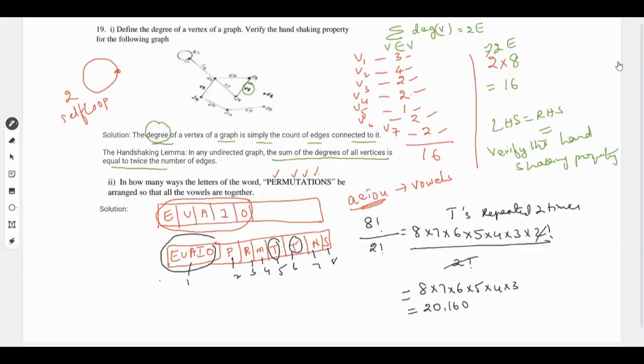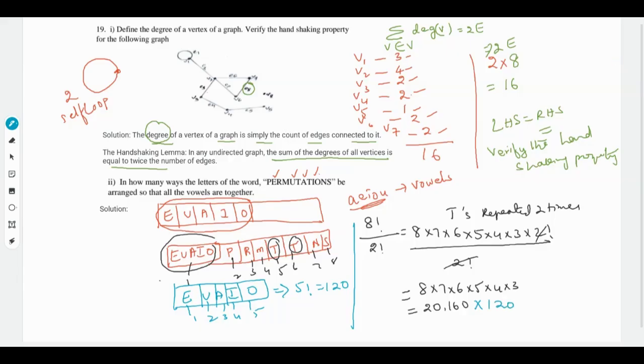Now we need to calculate the vowels separately. That is E, U, A, I, O. How many letters are there? It is 5 letters, and all 5 are different, so we should find 5 factorial, which is 120. So it will be 20160 into 120.